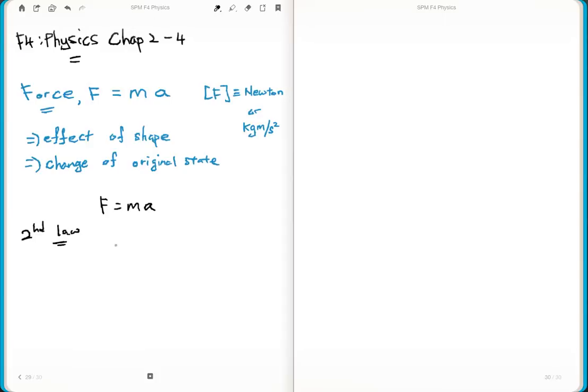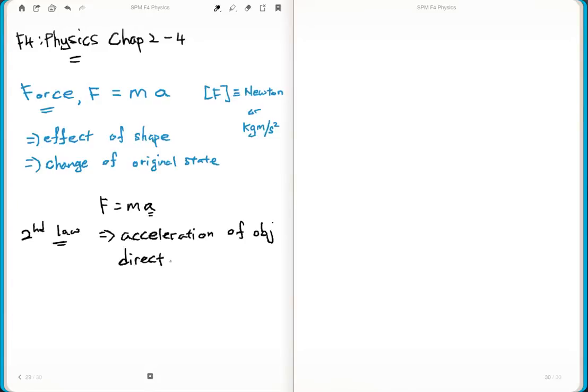What is the second law? It says acceleration. I think we have gone through it in a previous video.